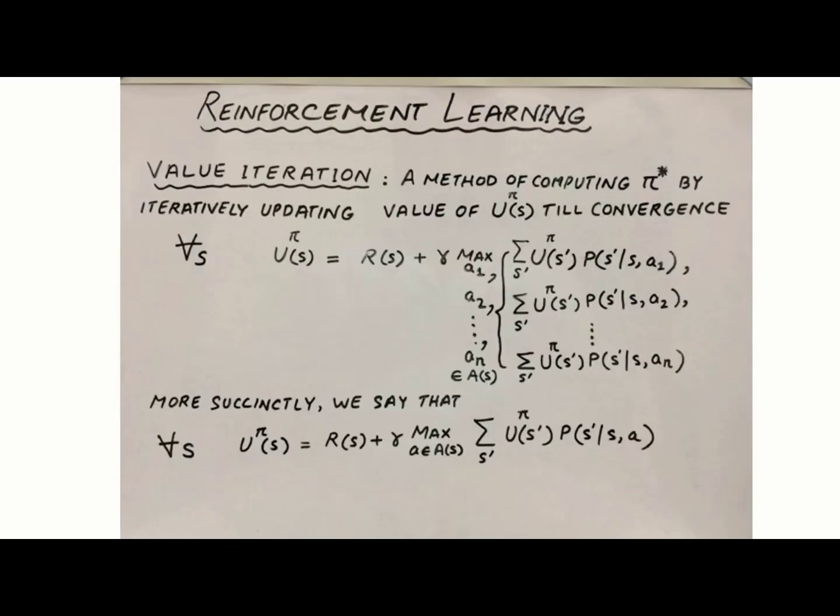Value iteration. So it is a method of computing the optimal policy indirectly by iteratively updating the value of U pi of s till convergence. So remember that value iteration is actually about computing the expected accumulated reward and indirectly calculating the optimal policy.